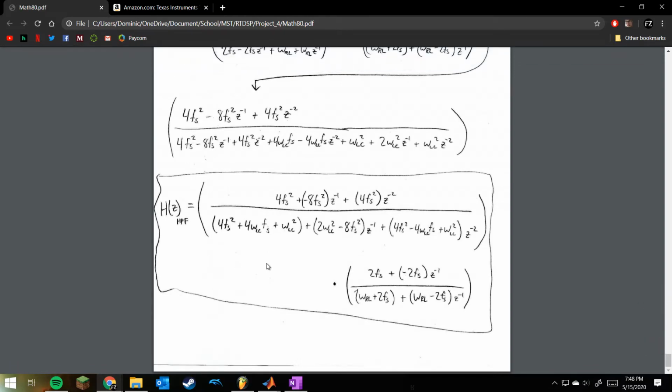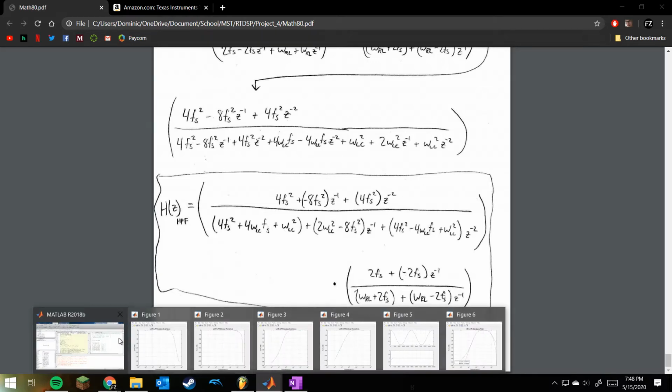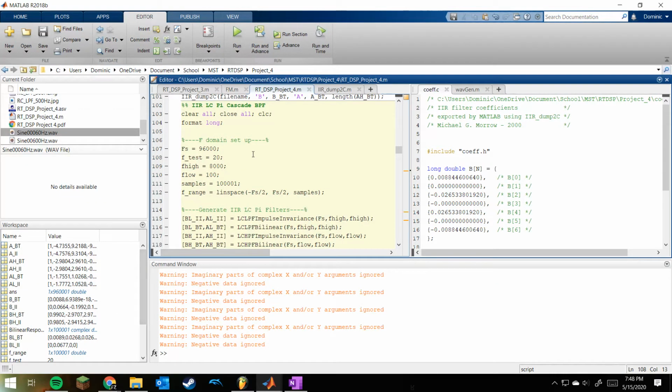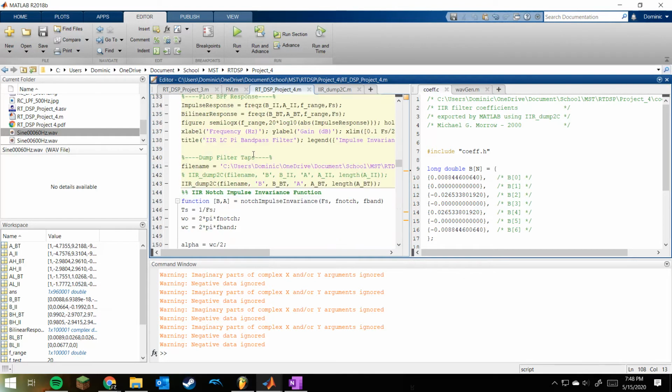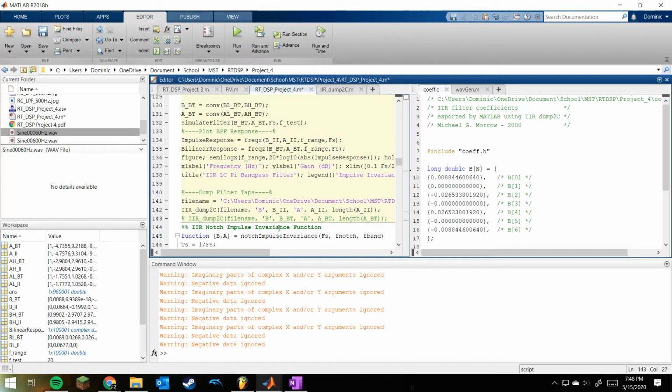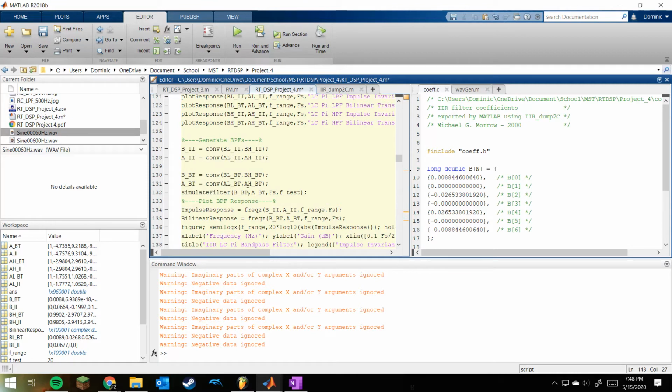Now we're going to move into MATLAB and see this work in nicely. And unlike the RC stuff, both the impulse invariance technique and the bilinear transform technique work. And we'll see that. So first off, we'll do the impulse invariance technique because that's the one that always comes first.